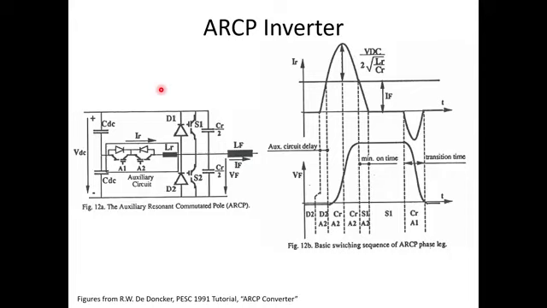This is actually from DeDonker's original PESC 91 tutorial on the ARCP converter. So he uses kind of funny device symbols. I think these may have been MCCs at the time. But he's using these device symbols. And here's the auxiliary circuit that's going to be zero current switched. Here's the main devices that are going to be zero voltage switched.